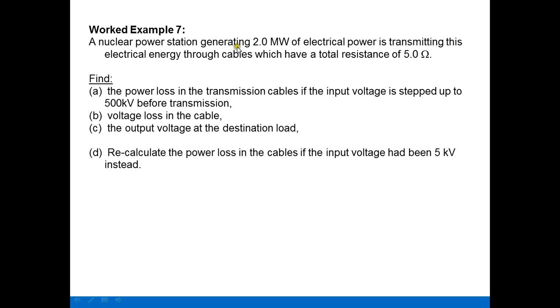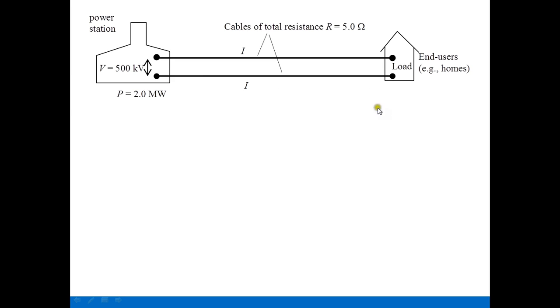A nuclear power station is producing 2 megawatts of electrical power and is transmitting it through cables which have a resistance of 5 ohms. If you look at the schematic, it looks like this. Power station, across the ends of the power station, the potential difference is 500 kilovolts. We have wires, the total resistance of 5 ohms, and this is the end user.